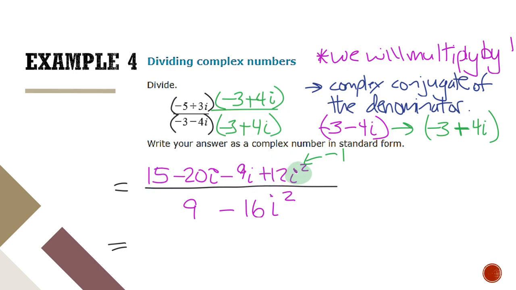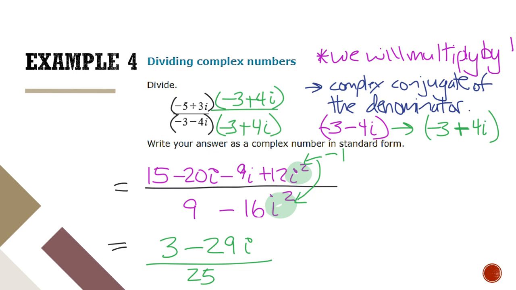Instead of adding 12, we're subtracting 12, which gives me a 3, and then minus 29i all over. And again, the bottom is that same way. This is also a negative 1. So that turns into positive 16. So it'll be 9 plus 16, which is in fact 25.